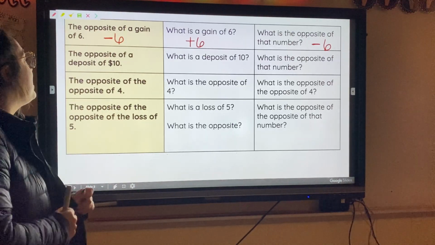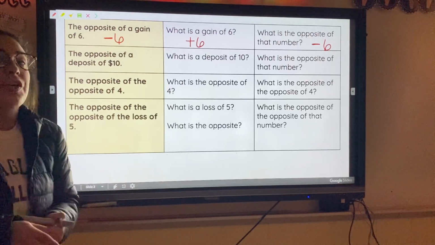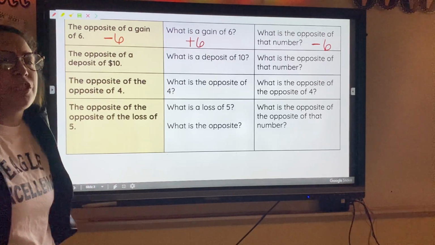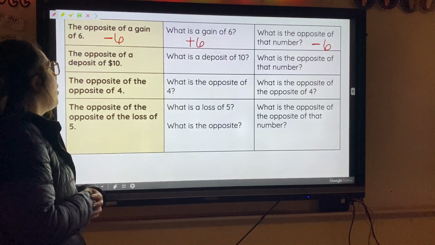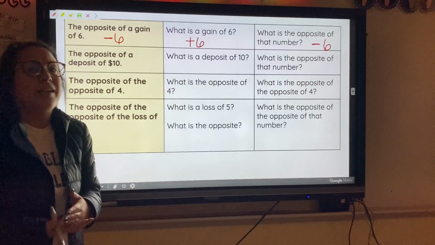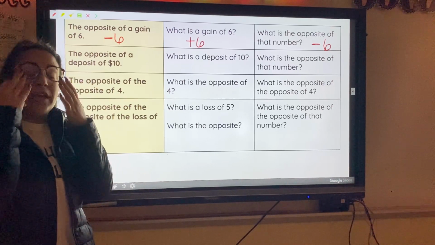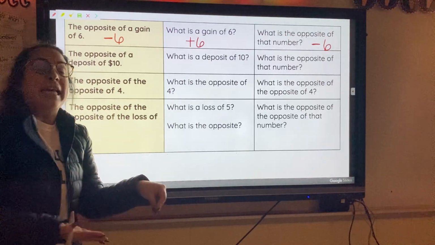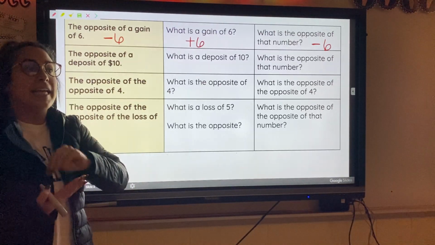So the next one says the opposite of a deposit of $10. We're using our real world situation, a lesson that we learned last week, to help us answer these questions. The first thing I want to know is, what is a deposit of 10? Remember, if you're depositing money, that means you're putting money into a bank account.